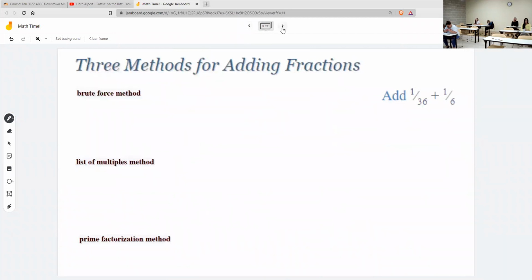So I will do that. I have 1/36 plus 1/6. Then I will multiply this one by 6 and this one by 36. If I do something to the bottom, I have to do it to the top.